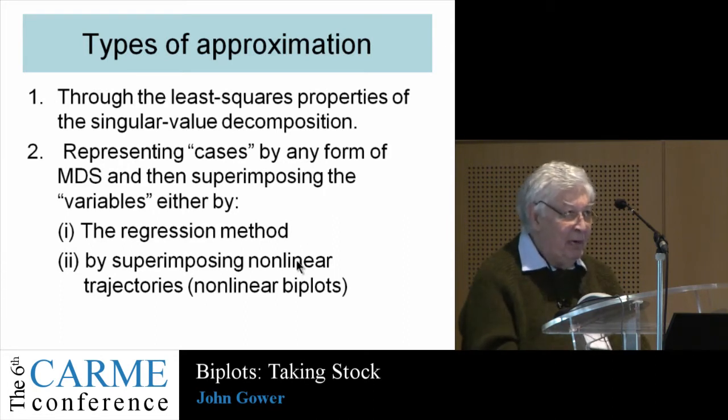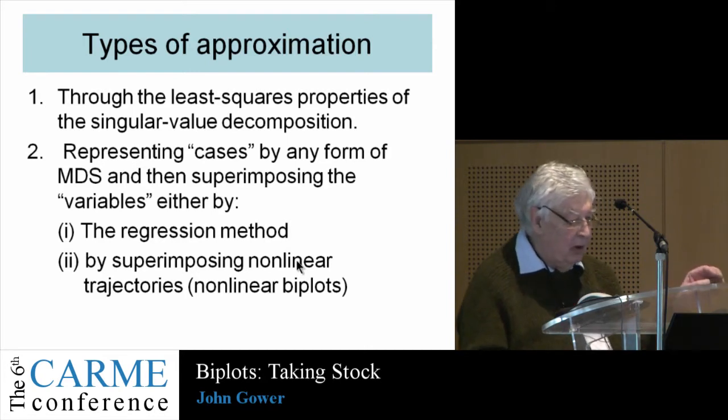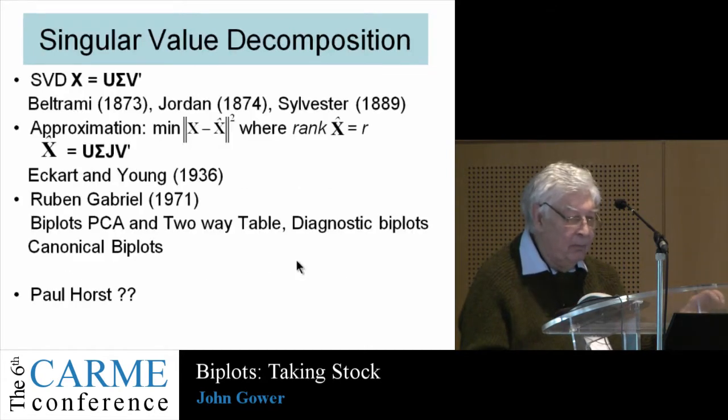And if that point represents a value of a variable, you can trace the locus of that, and that becomes a locus of the variable in the multidimensional scaling map. So these are two main classes of approximation.